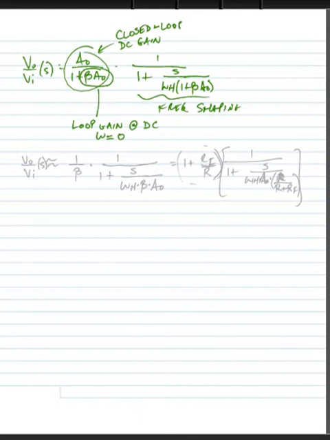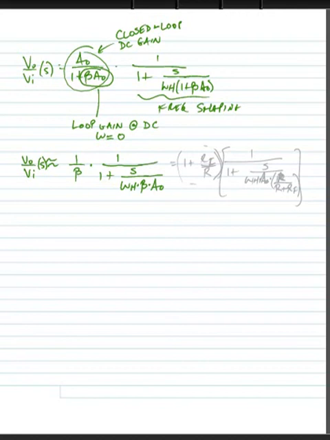All right, so what if A sub 0 is large? Well, if A sub 0 is large, then V out over Vi, with respect to S, is approximately equal to 1 over beta times 1 over 1 plus S divided by omega H times beta times A sub 0, or A naught.